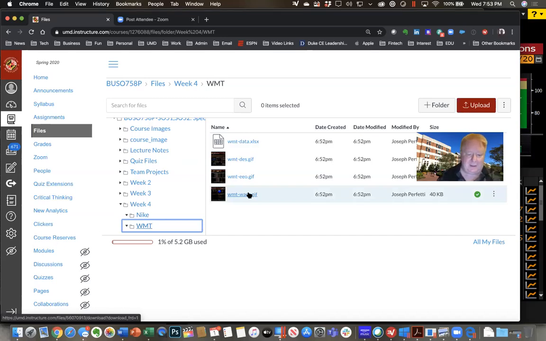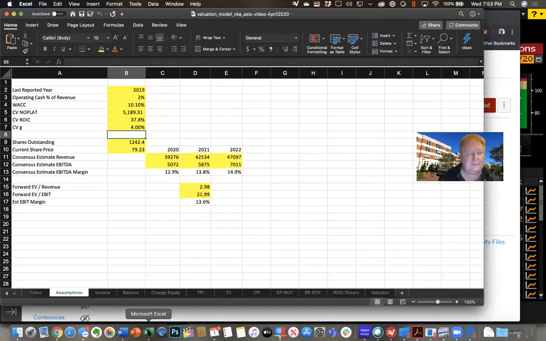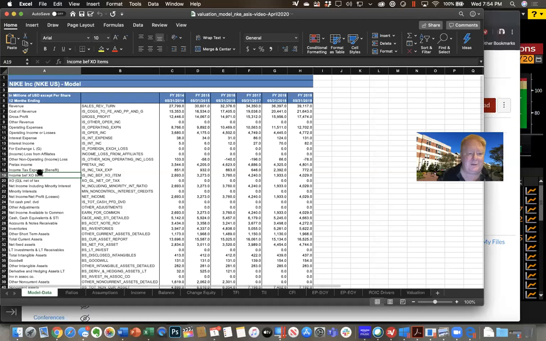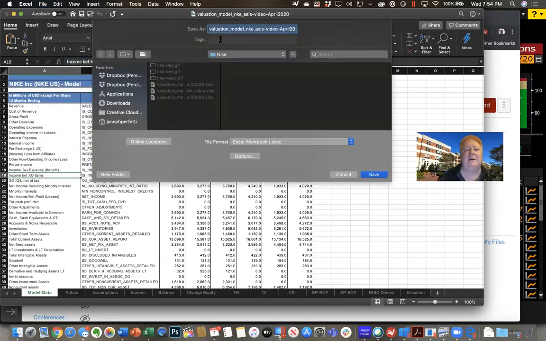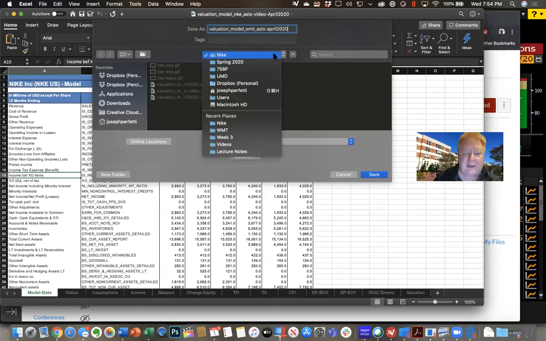I'm going to pull up a spreadsheet. The first tab I have to update when I do another company is model data. This has the raw data for Nike that came from Bloomberg. So, file, save as. This is now my Walmart as-is valuation April 2020, as opposed to my Nike valuation.